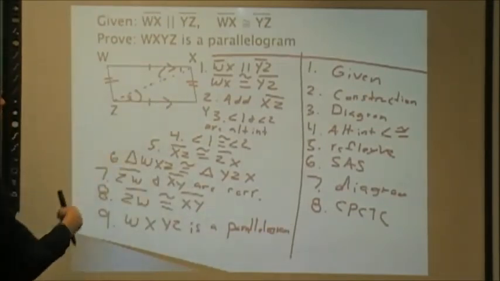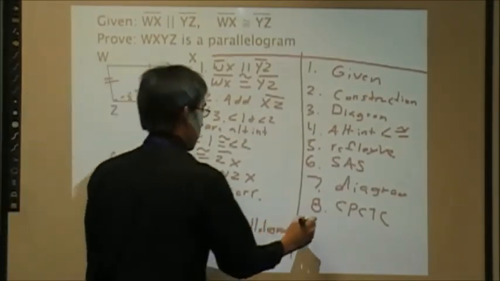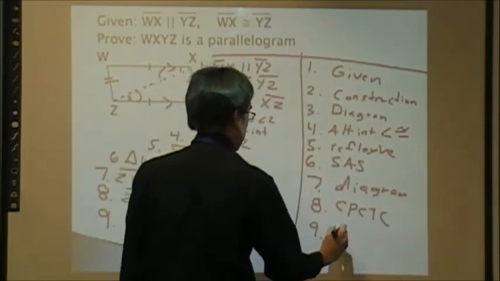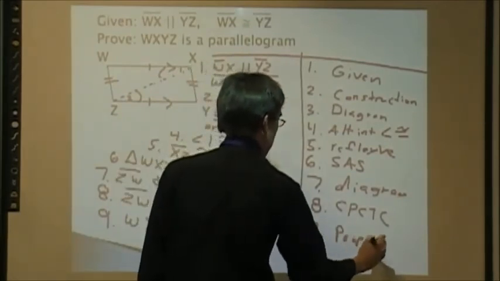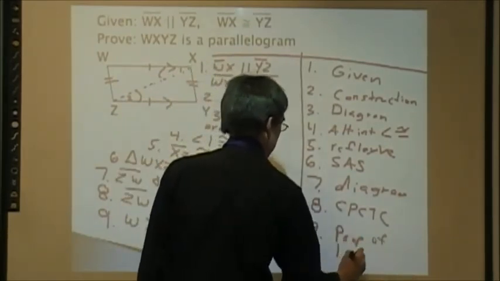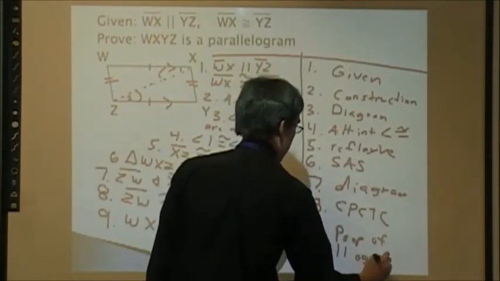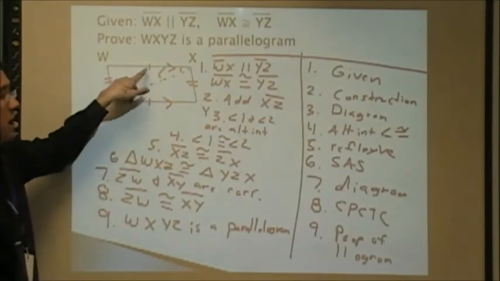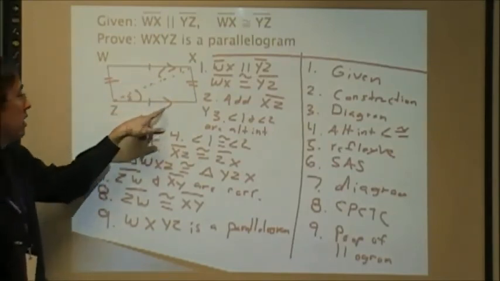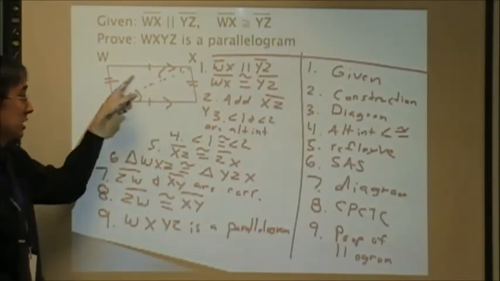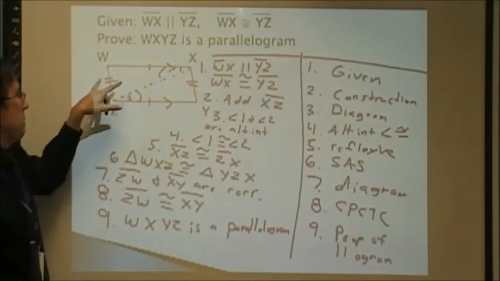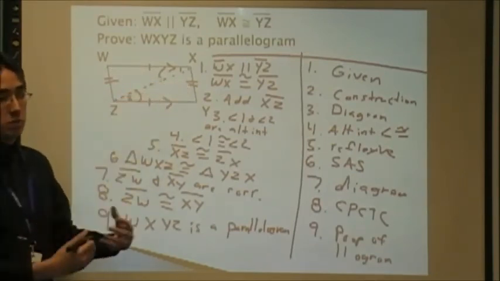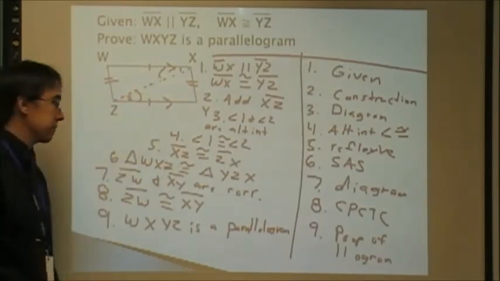So WXYZ is a parallelogram by the properties of parallelograms. One of those properties is both pairs of opposite sides are congruent. We were given that one pair was already congruent. We proved that the other is congruent. So both pairs of opposite sides are congruent, which means it is a parallelogram.